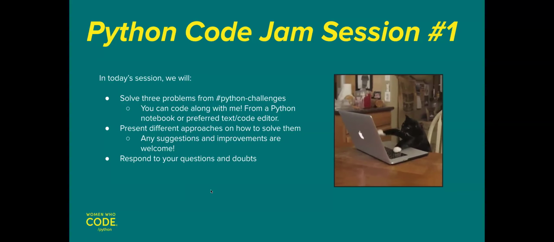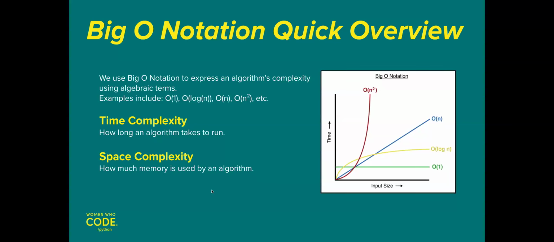Okay, let's start. First, I want to give a quick introduction of Big O notation. I want to mention this because we are going to be exploring the Big O notation of each of the approaches that we're using. If you're not familiar with Big O notation, basically with this, we are expressing the algorithm complexity using algebraic terms.